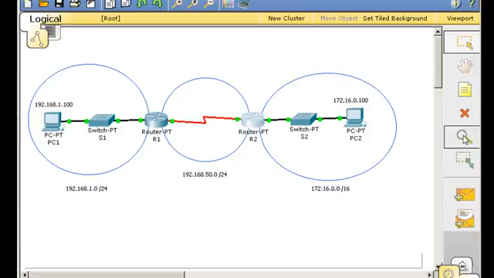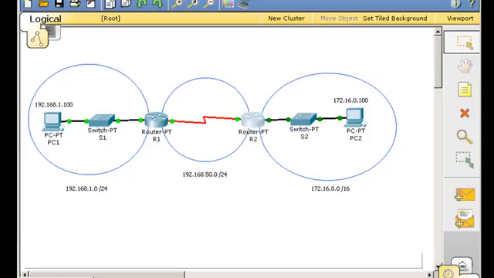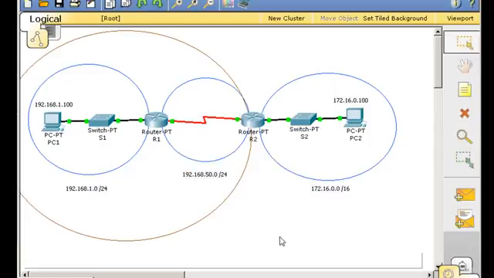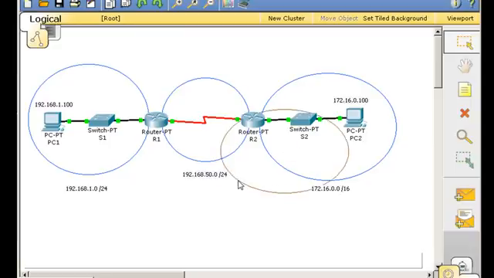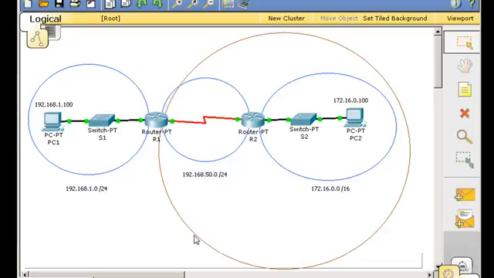So if I was to draw a picture of this, this router knows about these two networks, okay? This router knows about these two networks. And this router knows about these two networks, right?